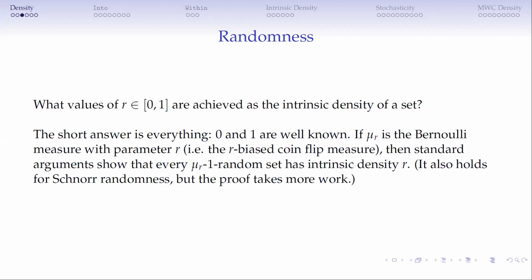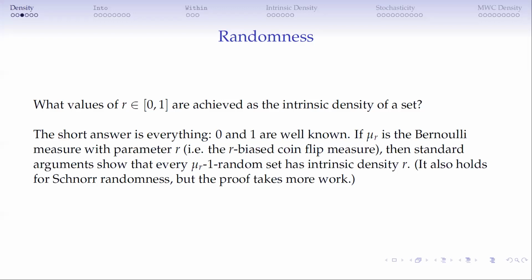You see that measure 1 with respect to the R Bernoulli measure, mu R, of those sets have intrinsic density R. What is the Bernoulli measure? Just a reminder, it's the biased coin flip measure. So if we have some fixed number R in the unit interval, with probability R I get a heads when I flip this coin, and with probability 1 minus R, I get a tail.